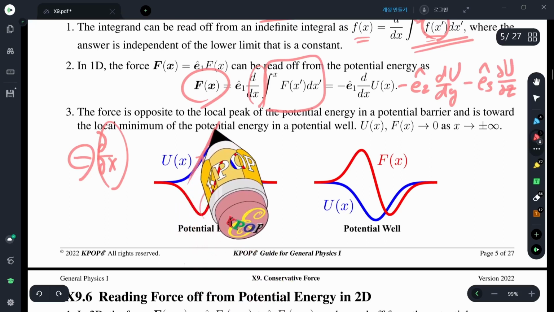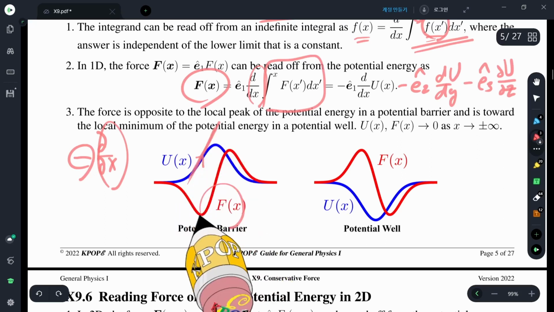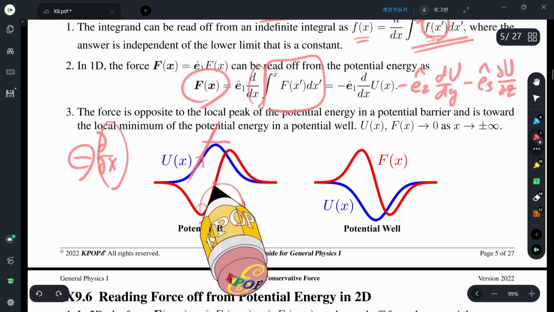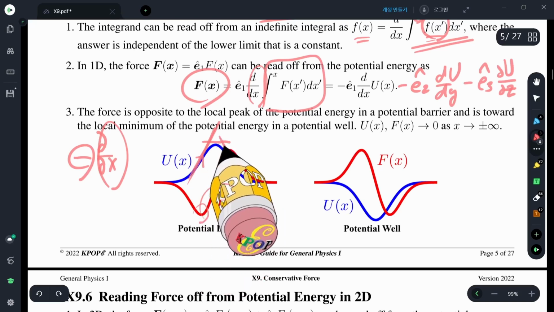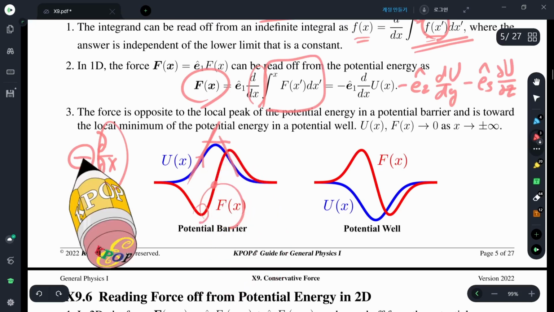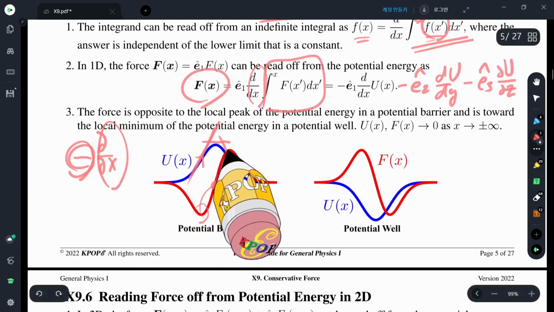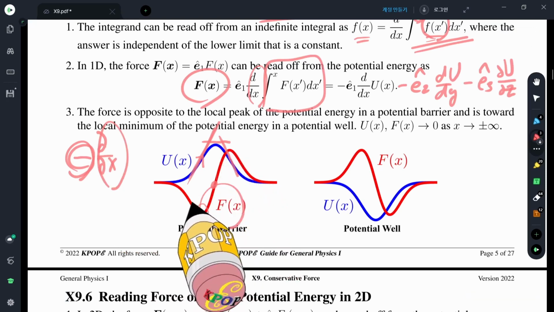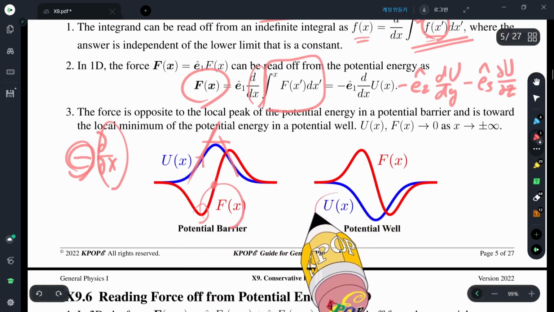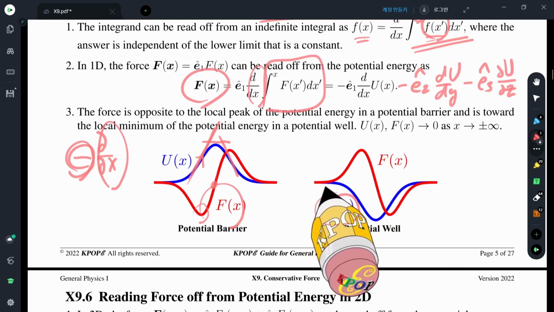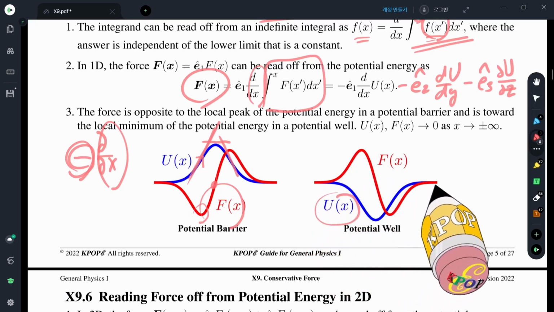So this slope is positive and force is negative. Slope becomes 0, force becomes 0. Slope becomes negative, force is minus slope, so it is increasing. If I flip the sign of the potential energy, it is a kind of potential well, and the force can be read.